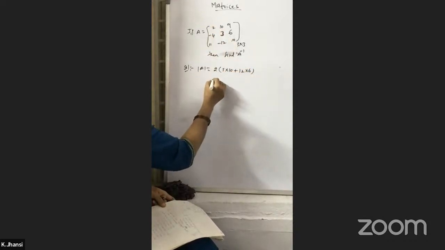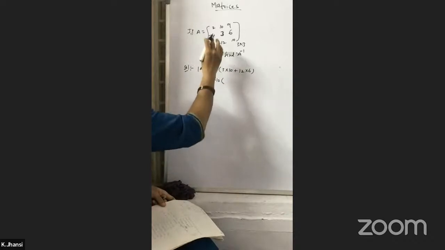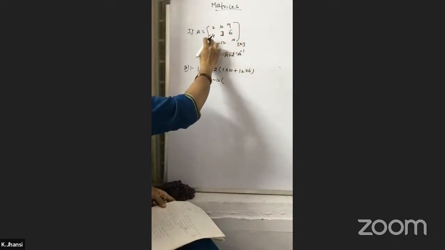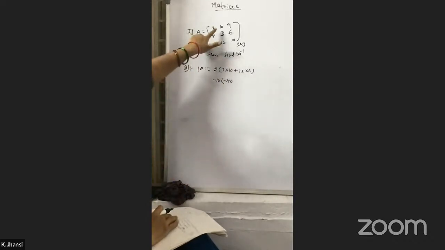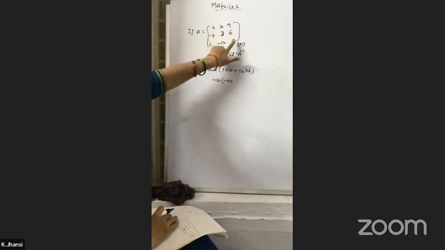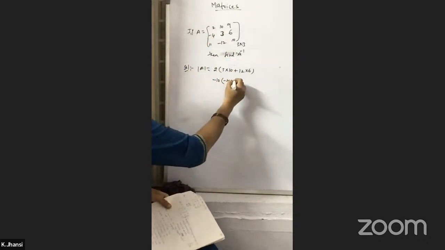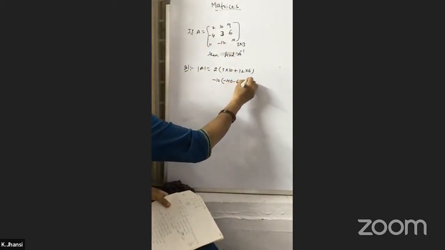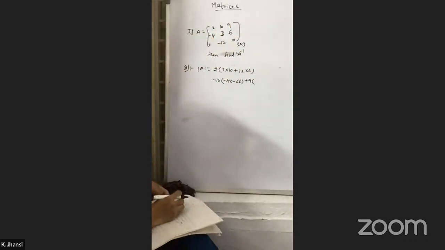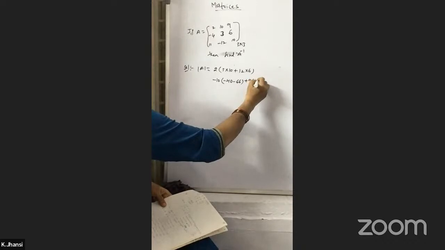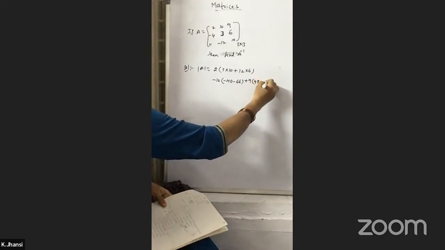Next, second element is 10, with minus sign: minus 10 into (10 into minus 4, that is minus 40, minus 11 into 6, that is 66). Next, plus 9 into (plus 12 into 4, that is 48, minus 11 into 3, that is 33).